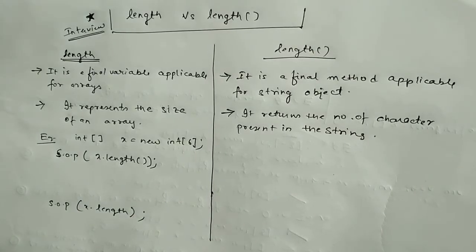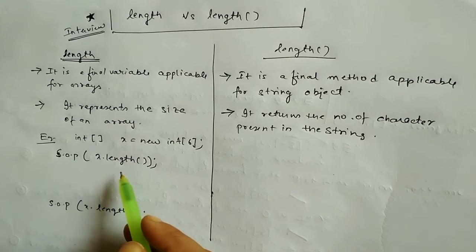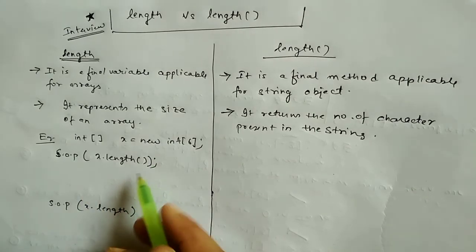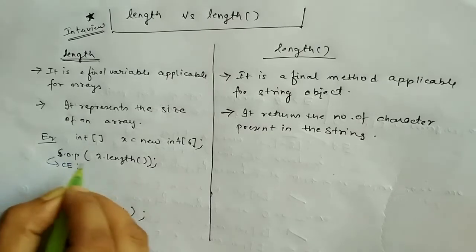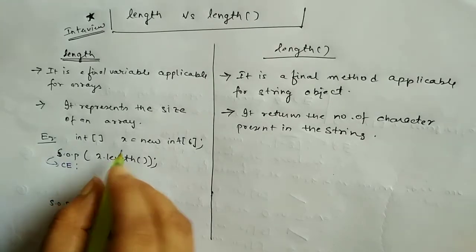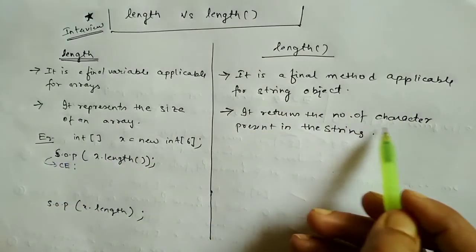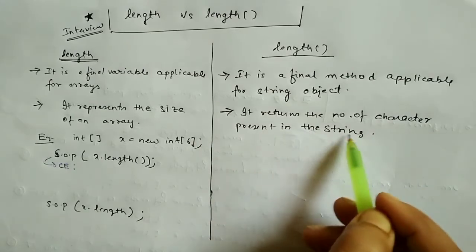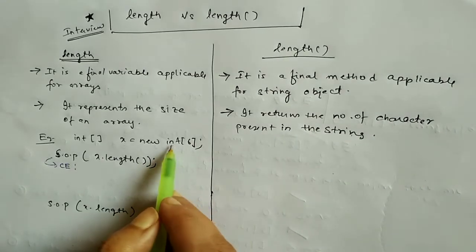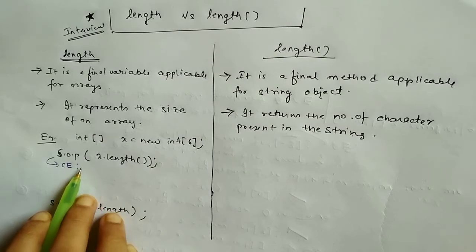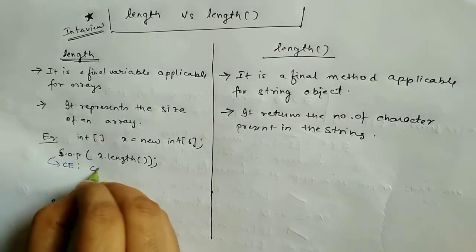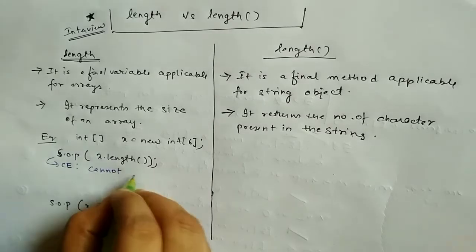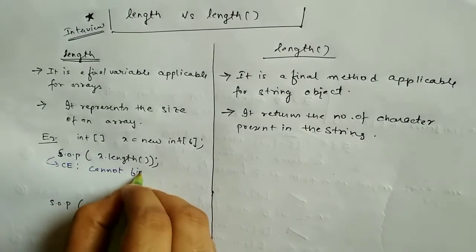With x.length(), we will get a compile time error, as the length method returns the number of characters present in a string, but this is not a string, it's an integer data type. It will say compile time error, cannot find symbol.